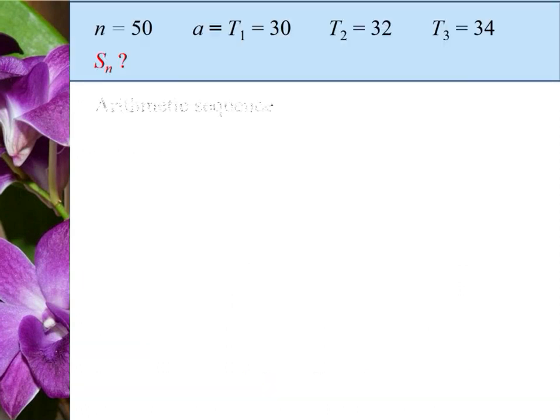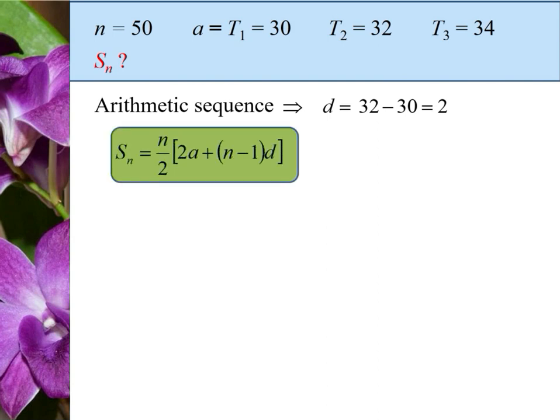Okay, so to solve question A, we can start by finding the arithmetic sequence common difference. To find it, 32 minus 30, you get 2. And to find question A just now, we know that the total number of seats means the total 50 rows of seats.